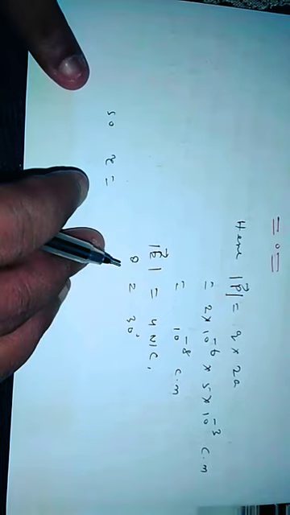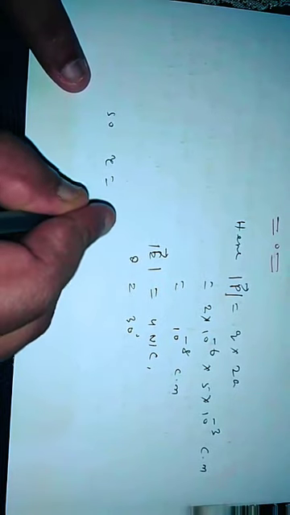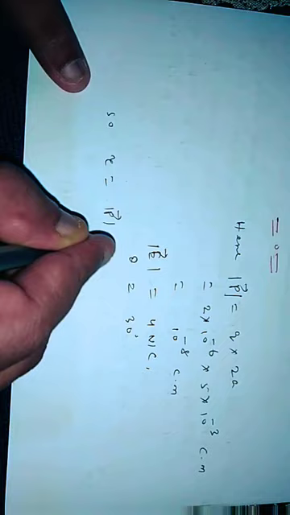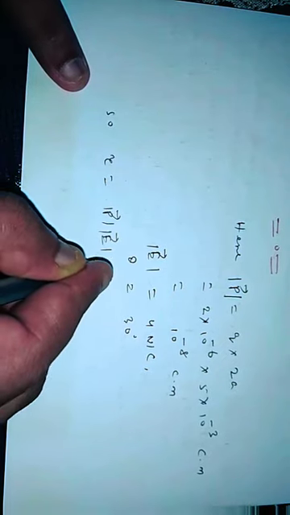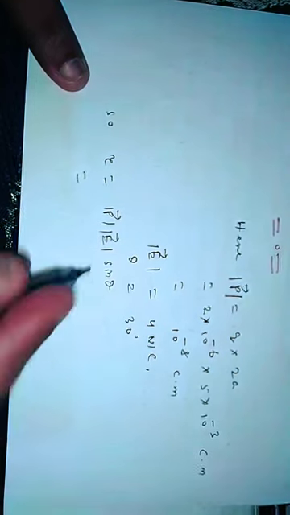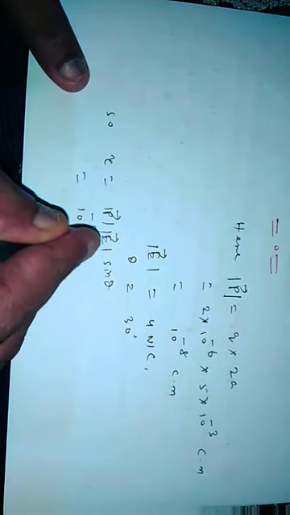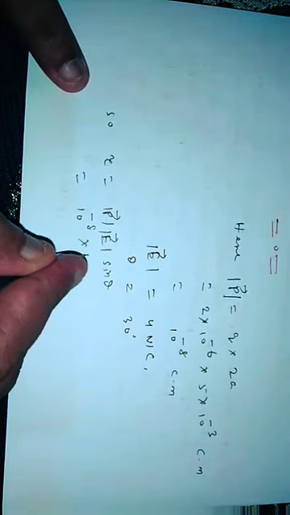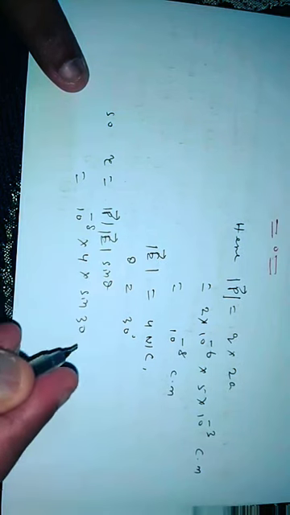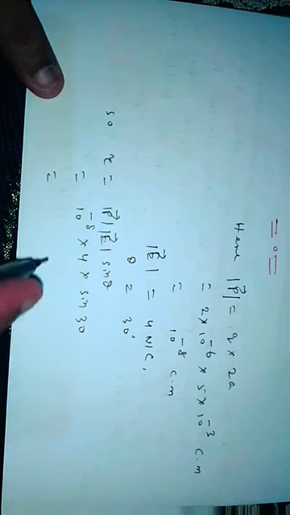So tau, torque acting on the dipole, tau equal to P E sin theta. The value of P, electric dipole moment, is 10 to the minus 8 coulomb into meter, into E is 4 Newton per coulomb and sin 30. Okay, so sin 30 equal to half.